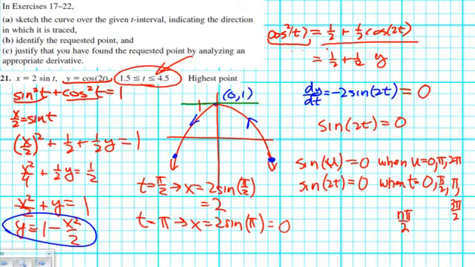Here's what I think is going on. I think this point right here is the point 2, negative 1. I think this point over here is negative 2, negative 1.